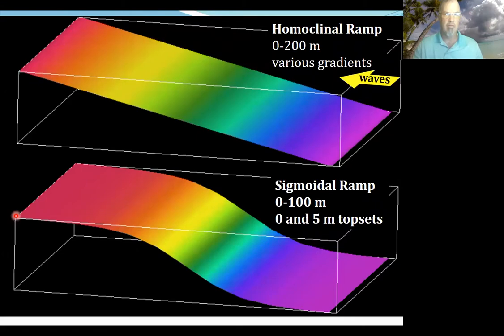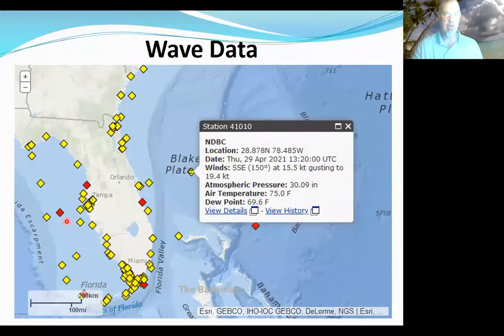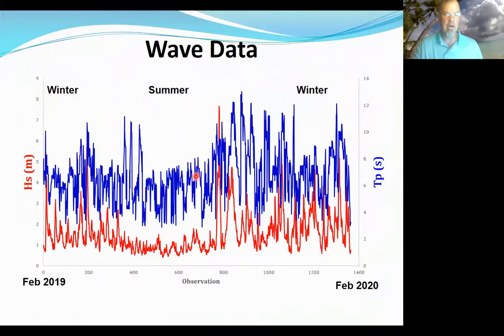The waves that we use as input in the data come from just north of the Bahamas, so kind of offshore Florida. And here's a time series. This is from February to February, so this is our Northern Hemisphere winter. You see the higher waves; red is significant wave height, blue is wave period.